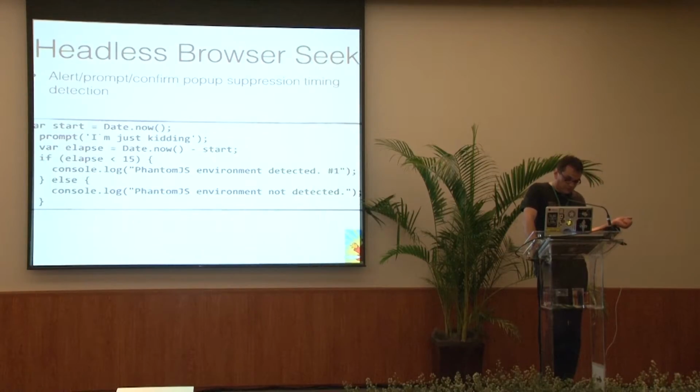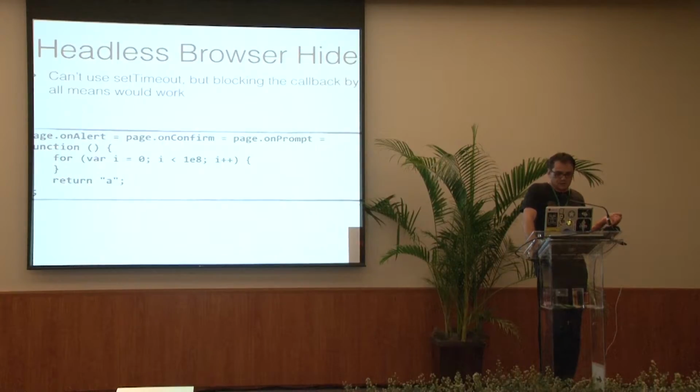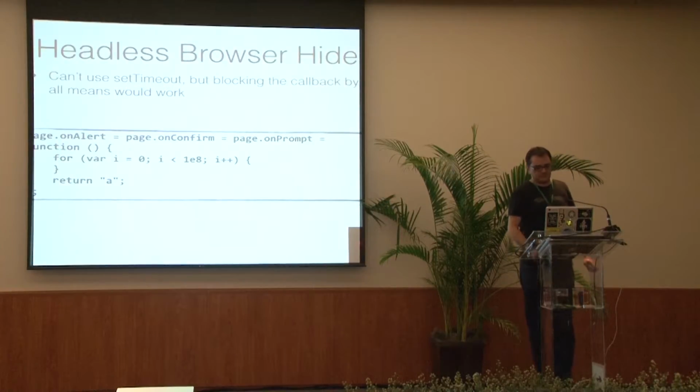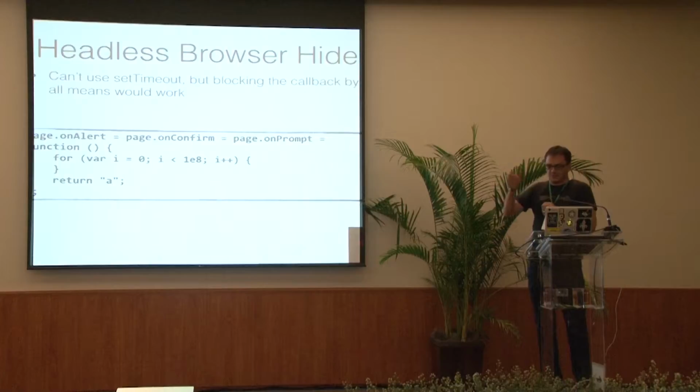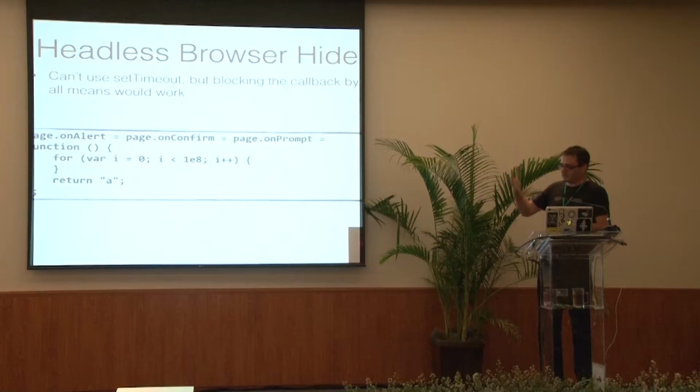So it turns out to be a hard problem to circumvent, but let's see what can be done against it. Well, it's not really a nice way of doing things, but that alert box is going to be suppressed in the same thread, which is handling your JavaScript context in PhantomJS, in Qt WebKit.